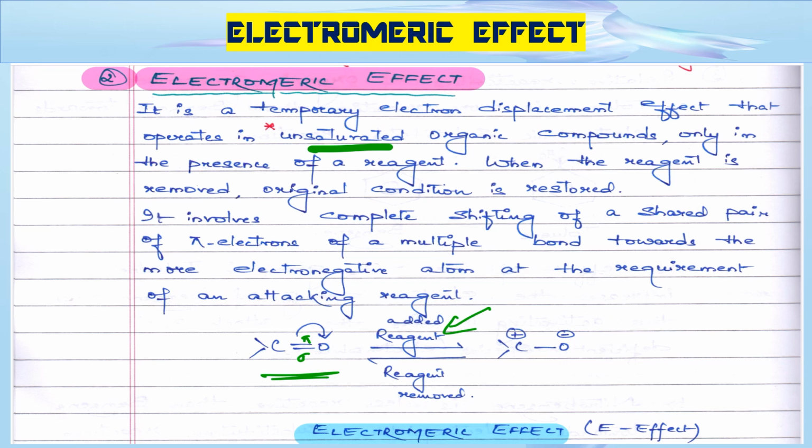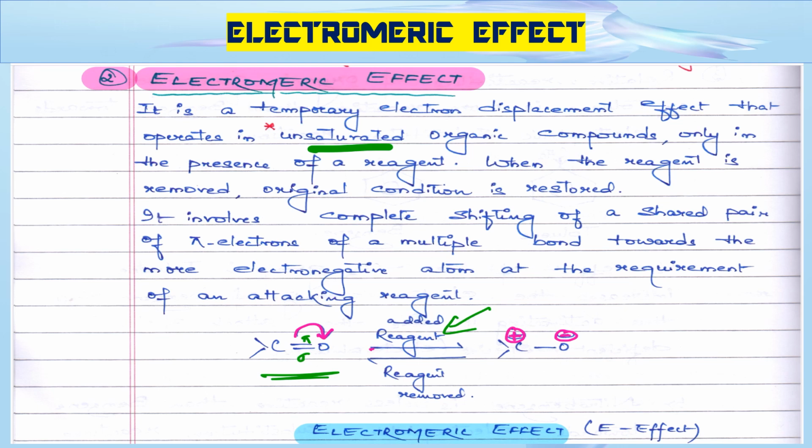So the pi electron will transfer towards the more electronegative oxygen atom. This happens only when you bring the reagent in close proximity to this organic compound. As soon as it shifts, the oxygen atom will acquire a negative charge while the carbon atom will acquire a positive charge. This effect is what is known as electromeric effect.